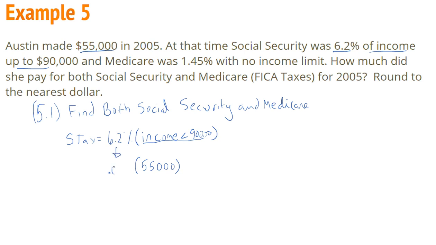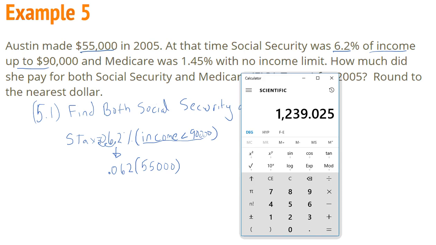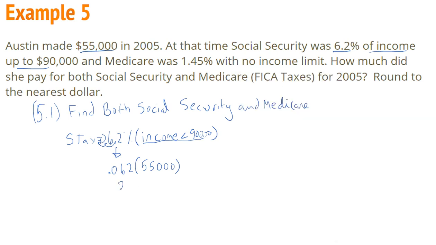So that's 0.062. Remember, we move it once, twice, 0.062, and then we just multiply. So 0.062 times 55,000, and we get $3,410. And that was our Social Security tax.